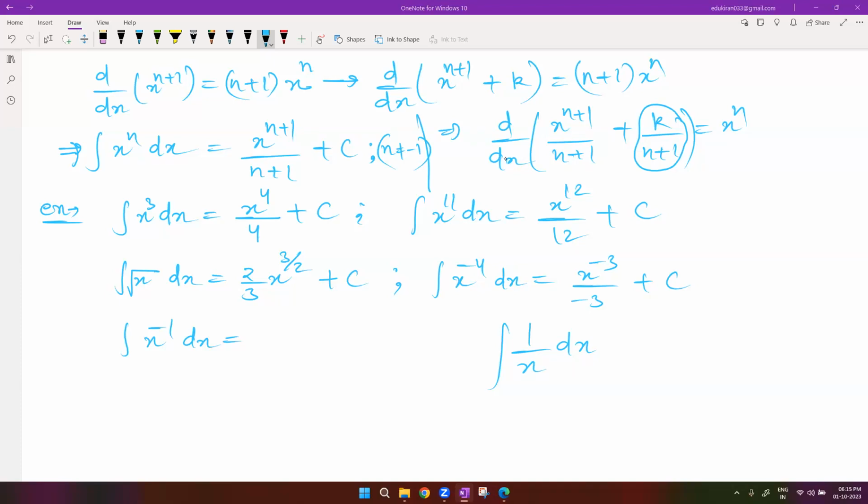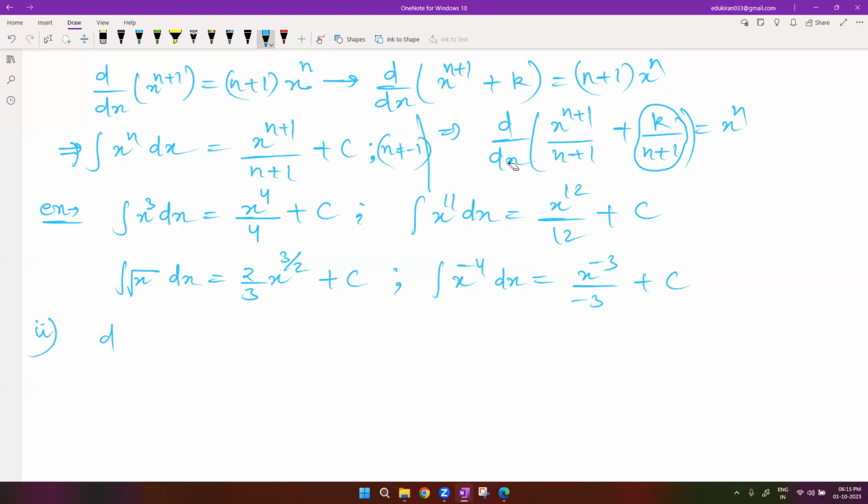So if you are trying to integrate x to the power minus 1, or 1 upon x, then its integration would be log x. And why it's not valid, you got that point: because the denominator is 0. So we would avoid this. We never want that. We would not want to make our denominator 0. So what should be the approach? Approach should be, tell me the new formula.